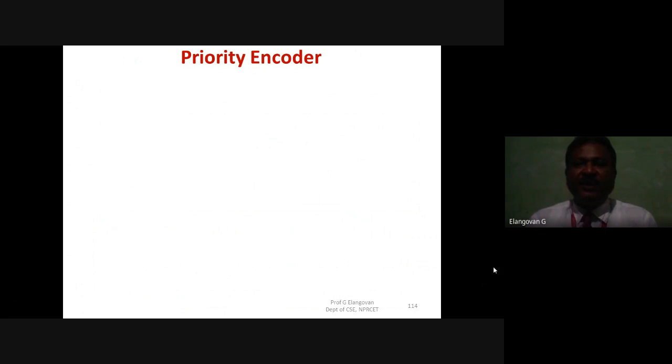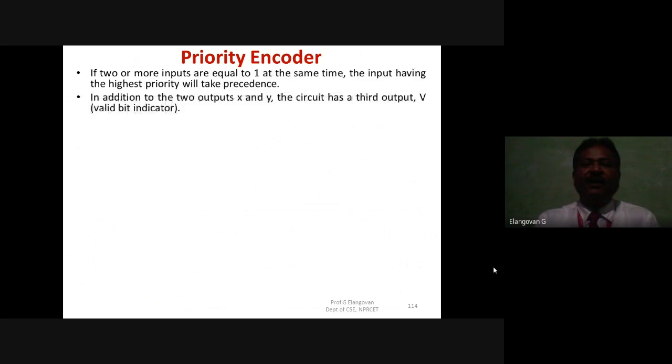The priority encoder assigns a priority to each line. If both inputs are high level, the line having the priority is the one that is converted. To determine which line has priority, we design this circuit.